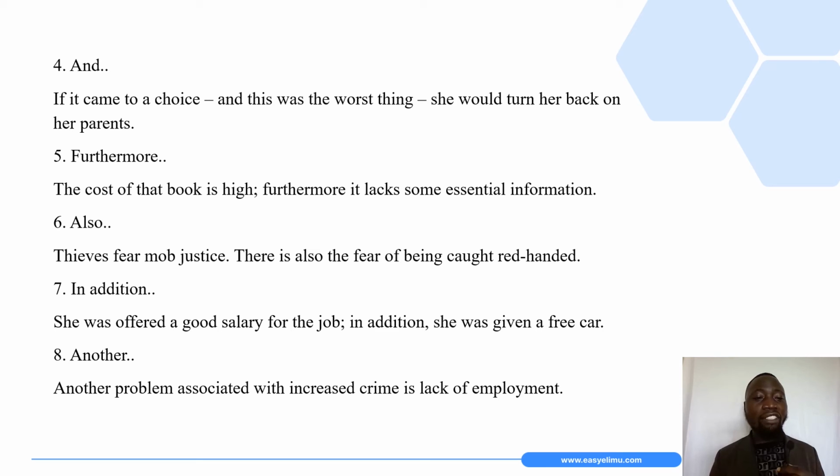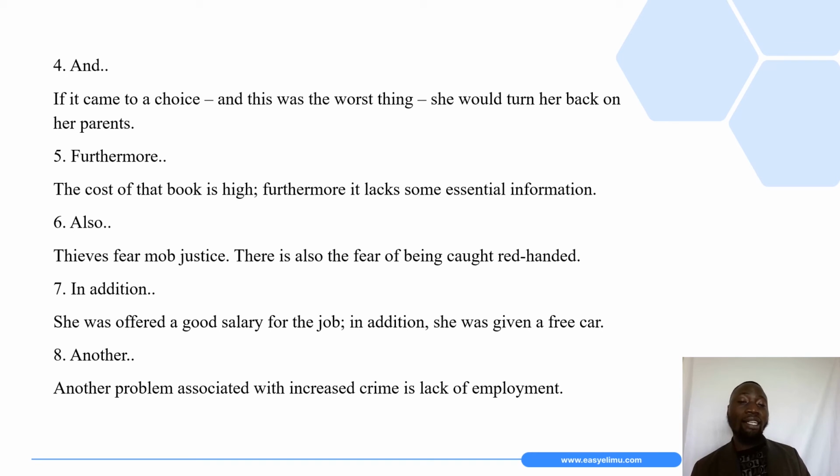Another word that we have is "furthermore". The example in a sentence: the cost of that book is high. Furthermore, it lacks some essential information. Again, trying to break that sentence down so that we get the two ideas connected using "furthermore", the additional information introduced by "furthermore". There is the cost of that book is high.